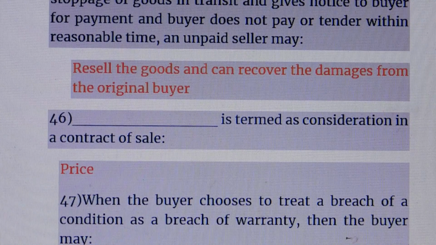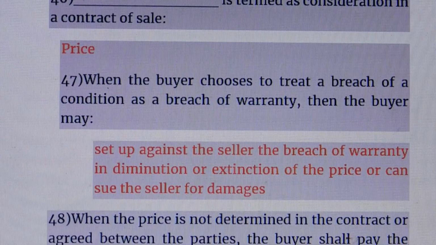Question number 46. Dash is termed as consideration in a contract of sale. Answer is price. Question number 47. When the buyer chooses to treat a breach of a condition as a breach of warranty, then the buyer may.